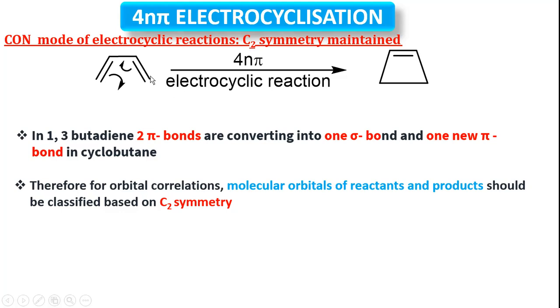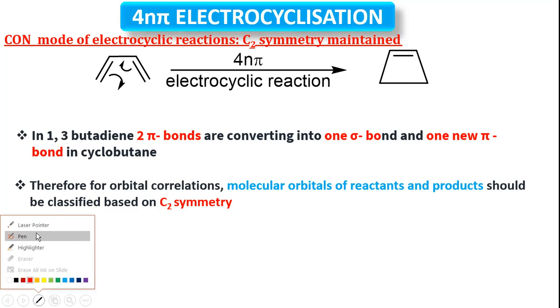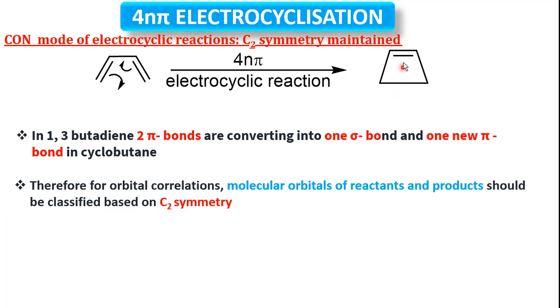These pi bonds are converting into one sigma bond and one pi bond, so we have to draw the molecular orbitals for them. The sigma bond has 2 molecular orbitals, sigma bonding and sigma star antibonding. The pi bond has 2 molecular orbitals, pi bonding and pi star.